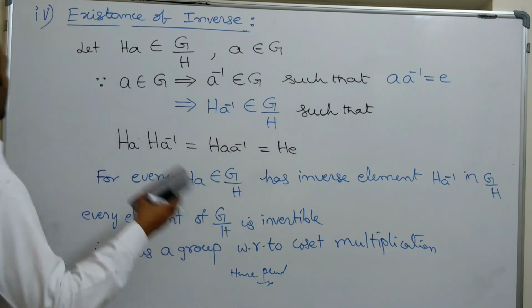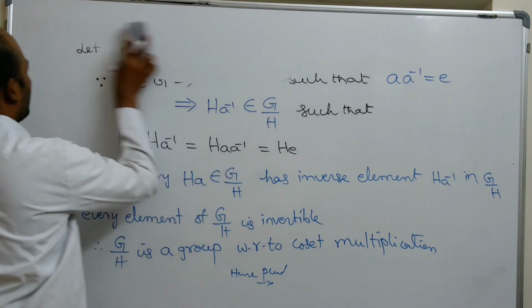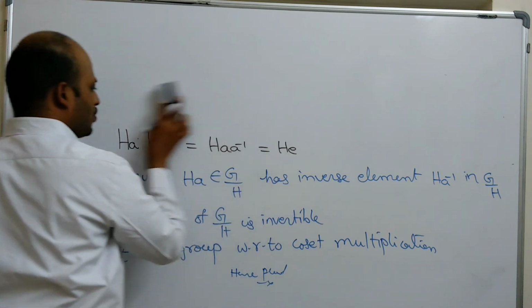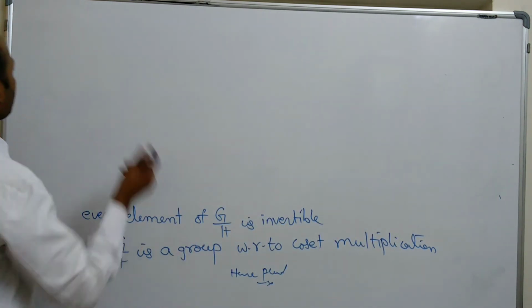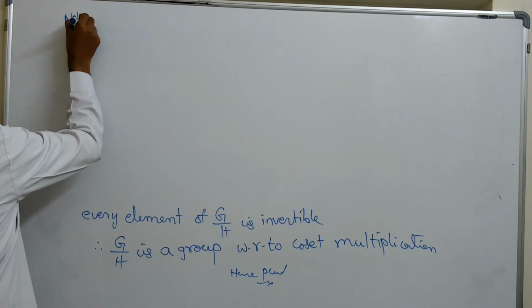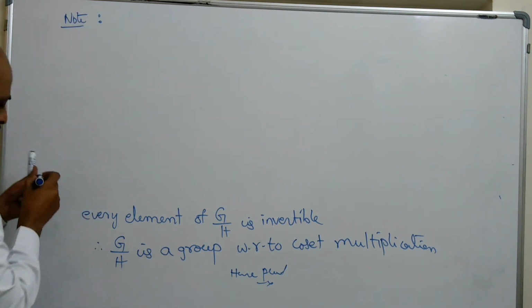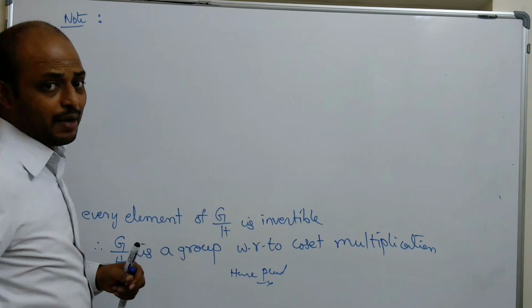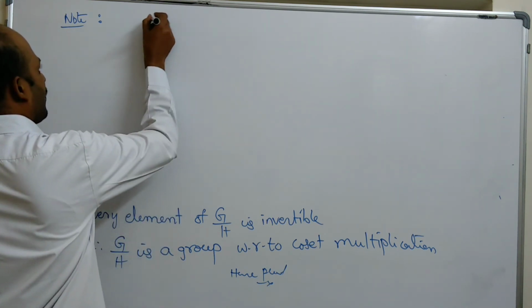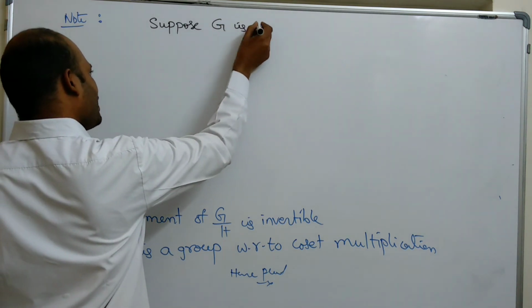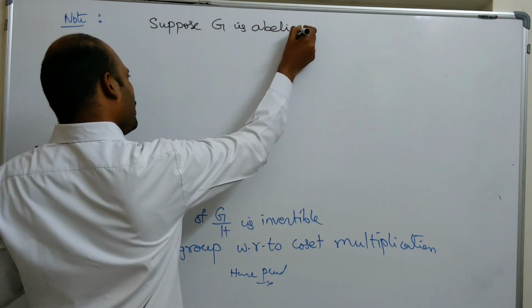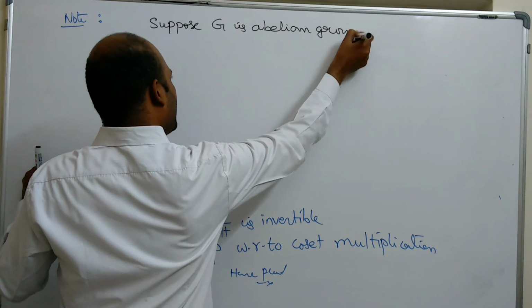Further, there is some additional information about this theorem. Take a note. Suppose capital G is an abelian group. What it means?